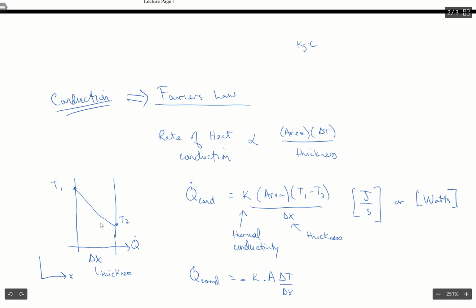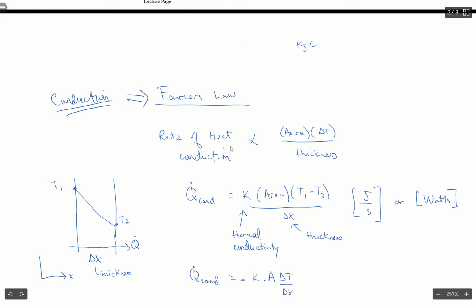So here we have a wall that we cut in half, looking at it from the side view, and the thickness of the wall is delta X. That's how thick the wall is. If we take a look at Fourier's law again, the rate of heat transfer via conduction, Q dot conduction, is proportional to the area times the change in temperature divided by the thickness.